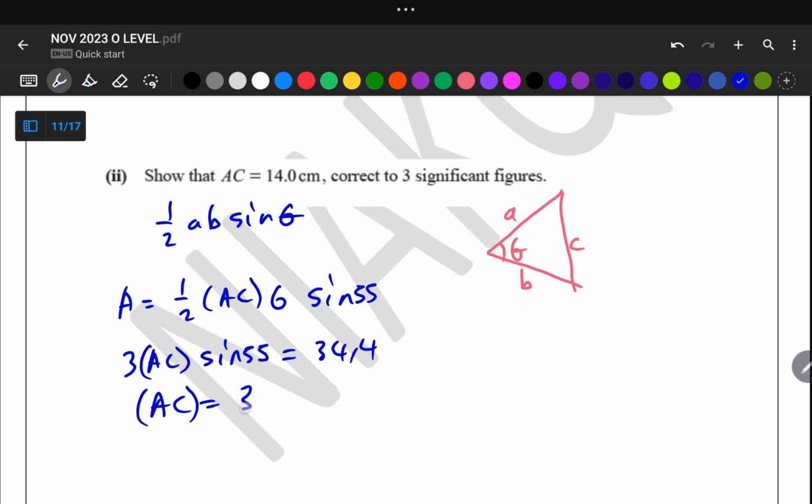Therefore AC is equal to 34.4 divided by 3 sine of 55.